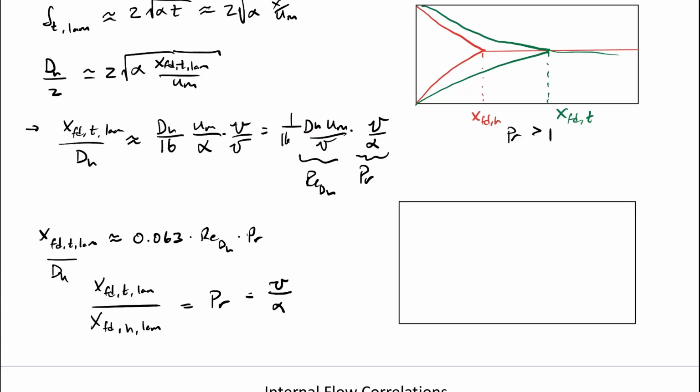In this duct, we have the growth of a momentum boundary layer. And then at some point here, we have a transition to turbulence. The momentum boundary layer transitions to turbulent flow. So that's going to look something like this.